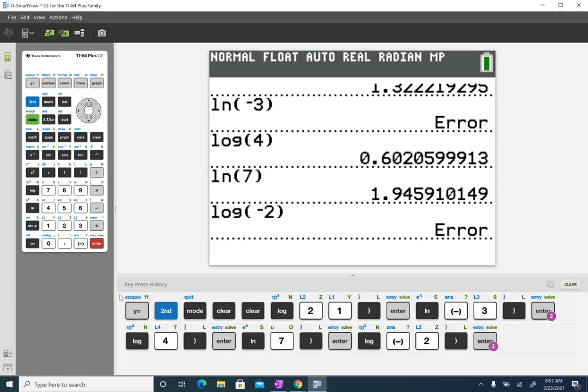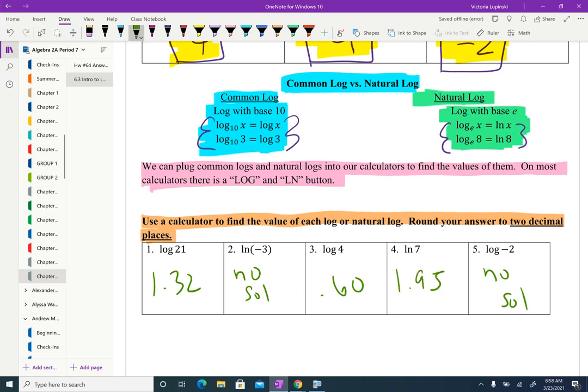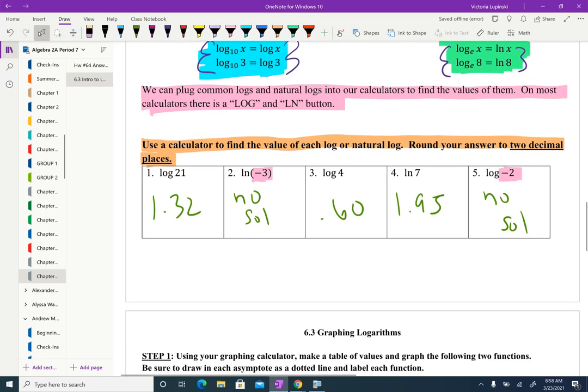Just to take all those answers and put them onto my screen here, the log of 21 is equal to 1.32. The ln of -3, remember, is a no solution, and similarly for the log of -2, then 0.60 and 1.95. There are a couple of conclusions that we can deduce from this. Before we get to that, I want to show you what the question is actually asking.